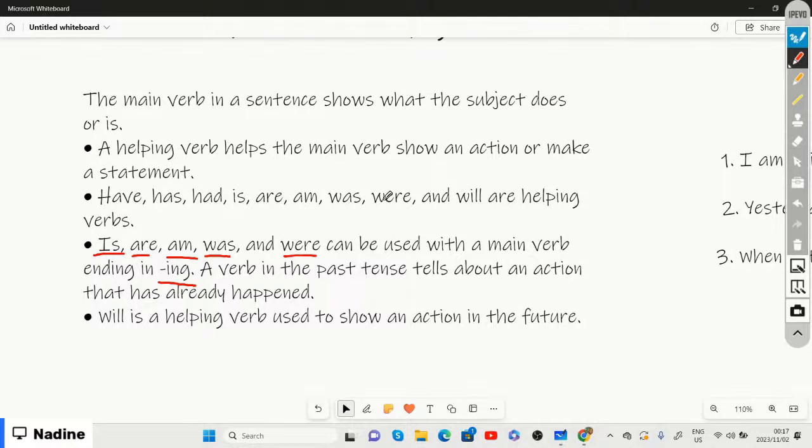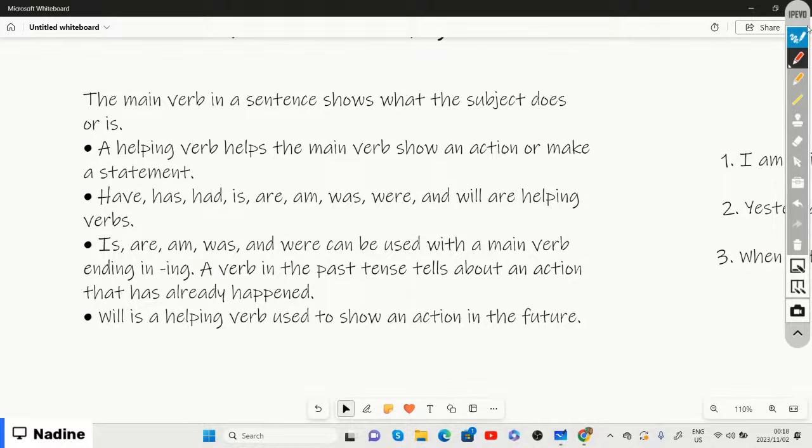So we also have other helping verbs, which are have, has, had, right? So have, has, had, is, are, am, was, and were. These are helping verbs that are used with the main verbs, right?